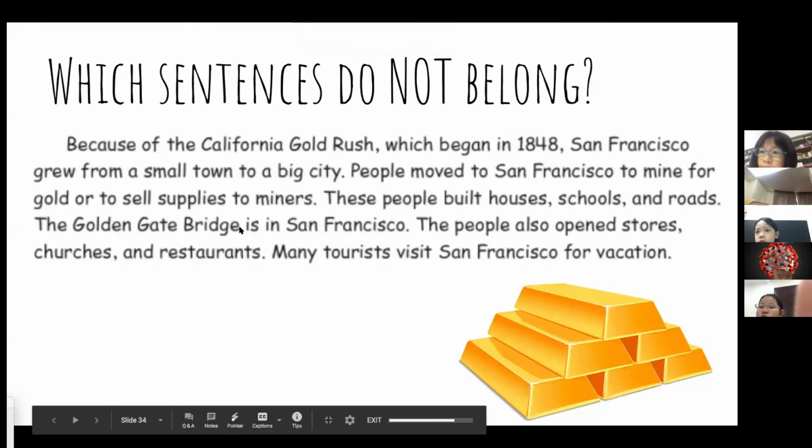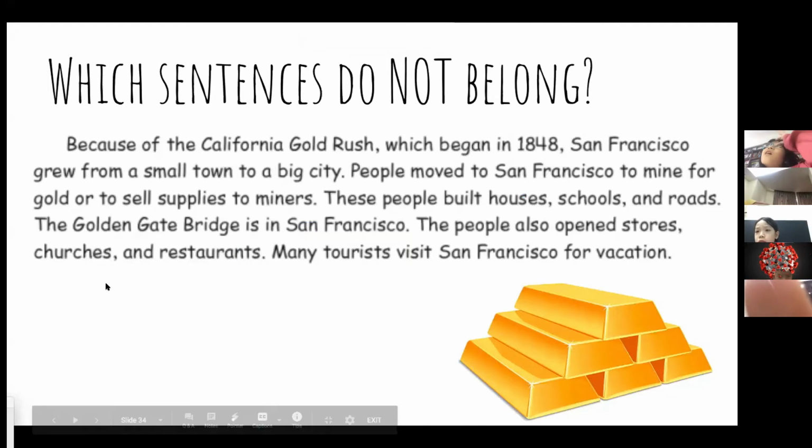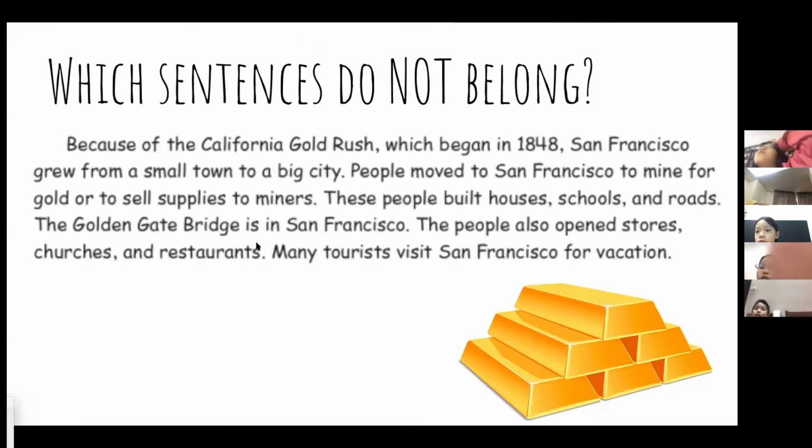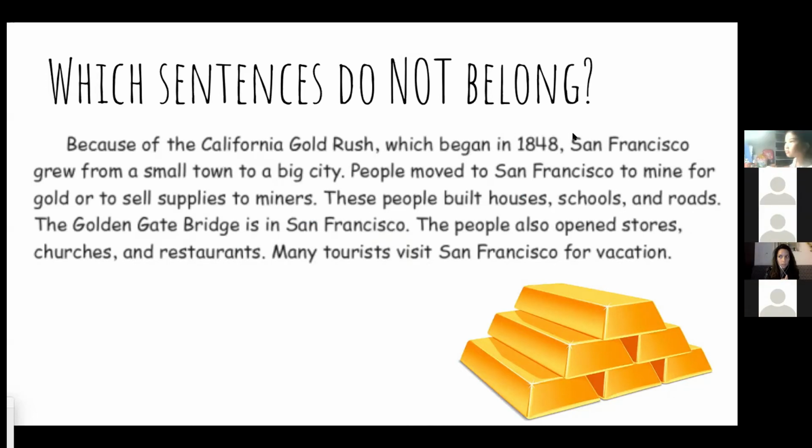So in this paragraph here, what is our topic sentence? What is this entire paragraph about? Why don't you take a guess? Since it's just one paragraph that we're looking at, I think we can guess that our topic sentence might be the first sentence. Because of the California gold rush, which began in 1848, San Francisco grew from a small town to a big city.